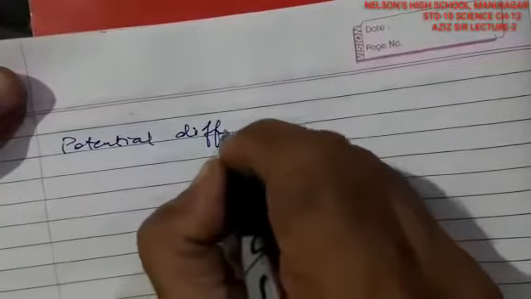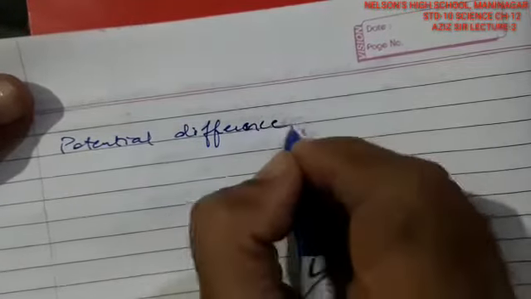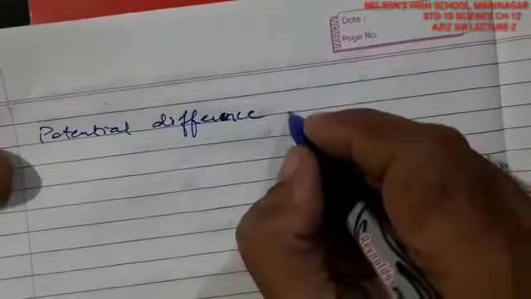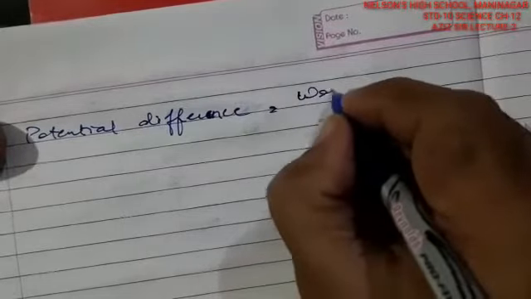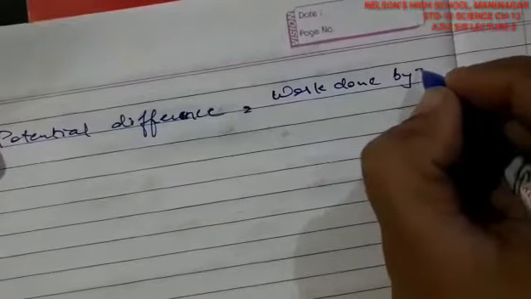So this is called potential difference. Potential difference is nothing but work done by charges.